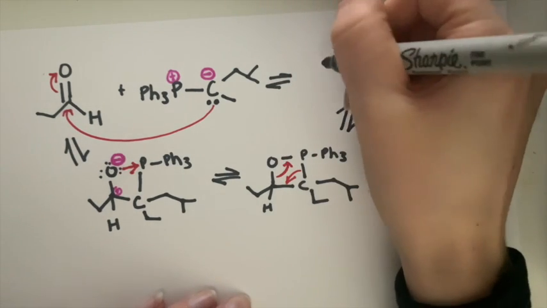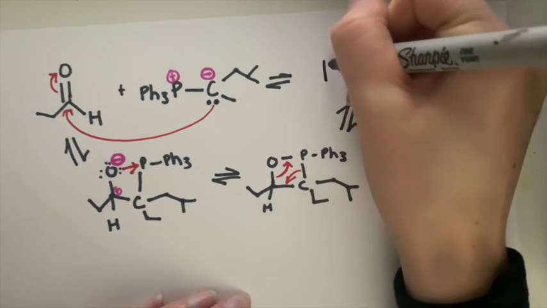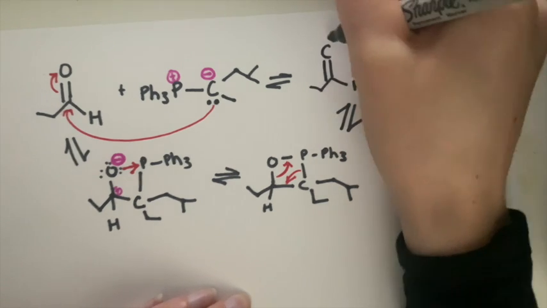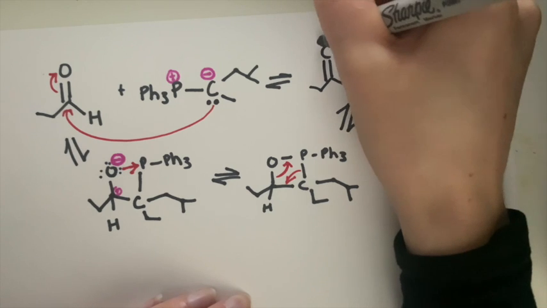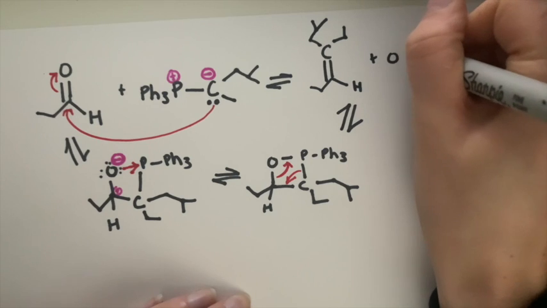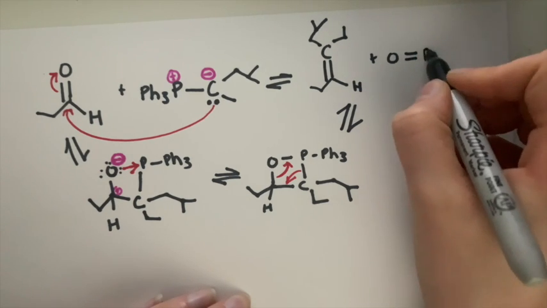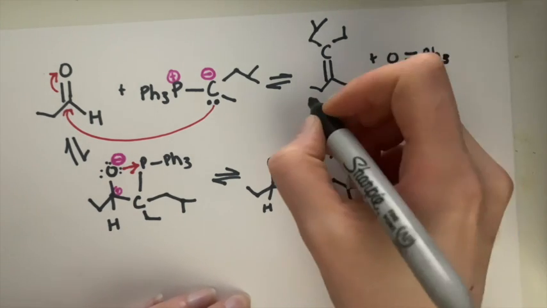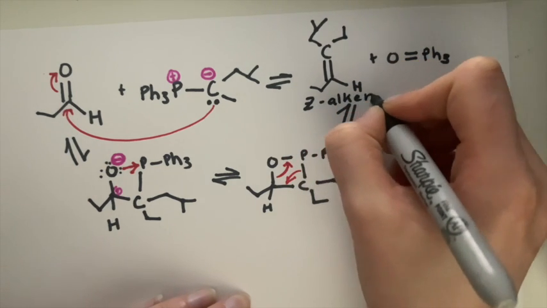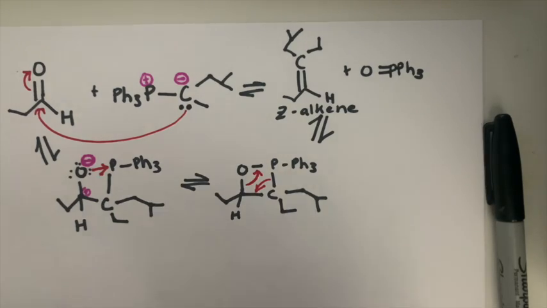Lastly, this brings us to our product. So our products are an alkene and phosphine oxide.